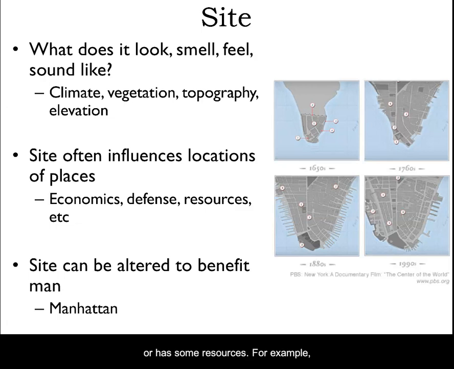So for example, Manhattan was chosen because it was a good defense site for New York City. It's at the convergence of the East River and the Hudson River, and you can even see that the humans have built up Manhattan since the 1650s going into the 1990s.